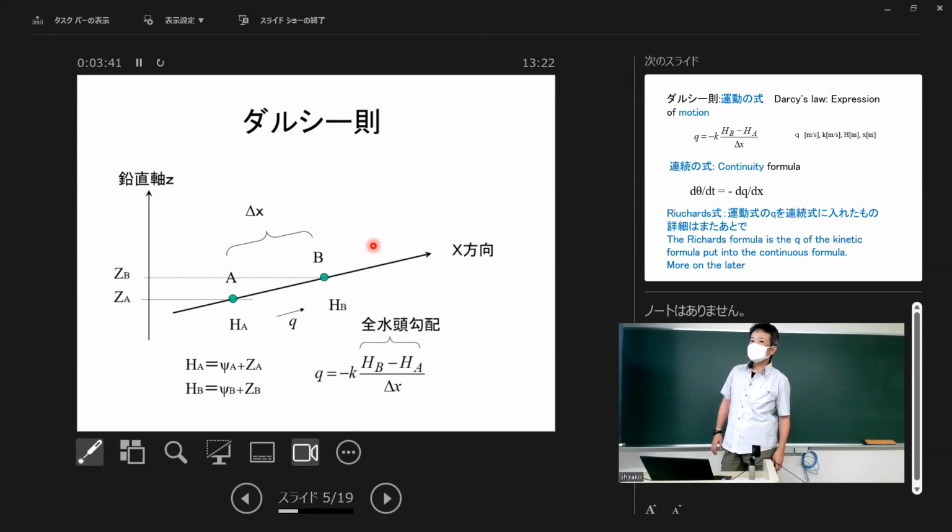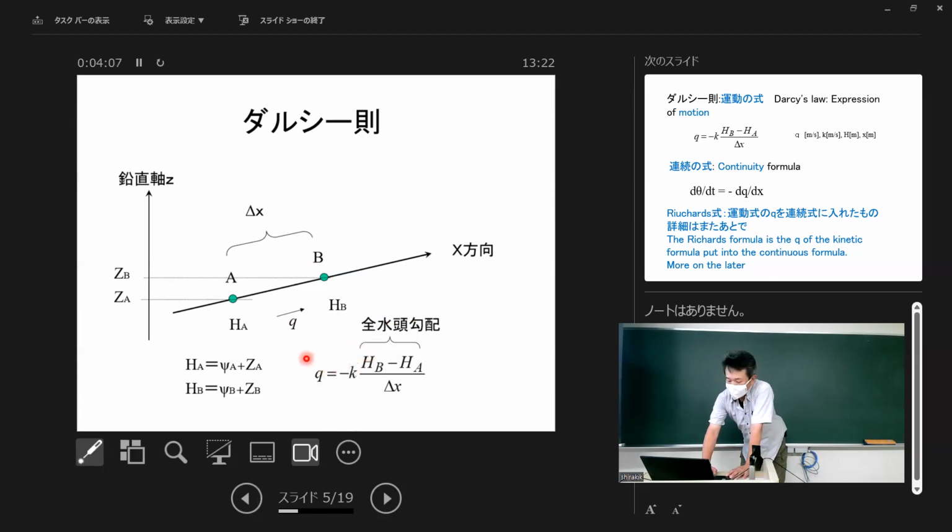And this is a very basic principle, a basic formula for Darcy's law. That is the law for motion. Motion means the water movement. That is called Darcy's law. And we have to check the total water potential head, total water head.